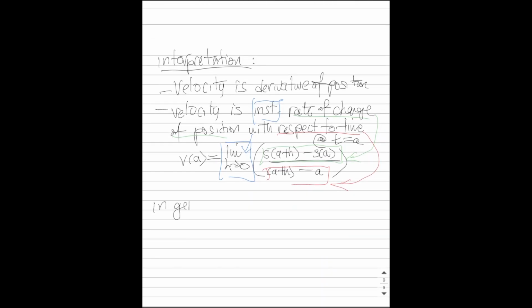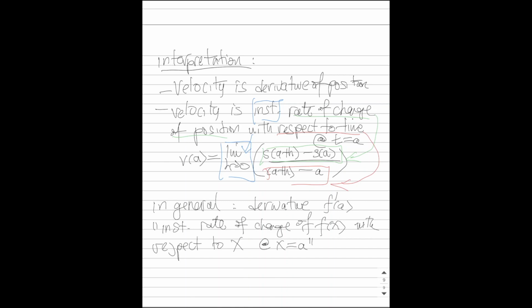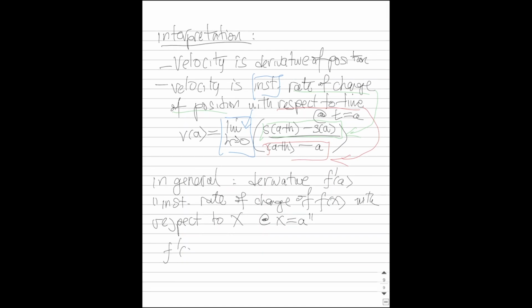The rate of change of position is up here, and with respect to time ends up being down there. So in general, if I've got a derivative f prime of a, we are going to say that it's the instantaneous rate of change of my function f of x with respect to x at some value x equals a. And I don't really care what the meaning of those variables is. This is what makes a derivative powerful and what makes it be able to be used in one situation to another.